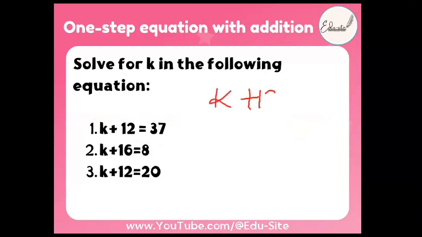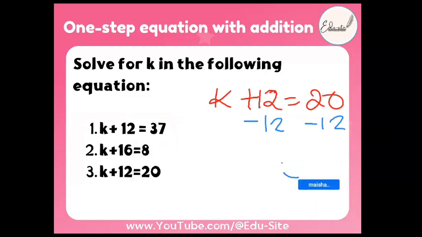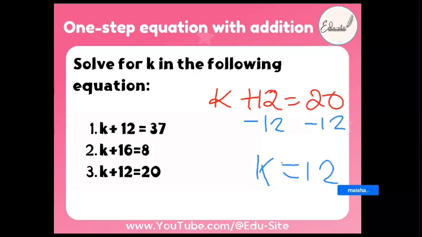The third one. Come on, solve this down, Rita. Minus 12 and minus 12. And so then the answer is 20. 20 minus 12 gives you? It's 8.